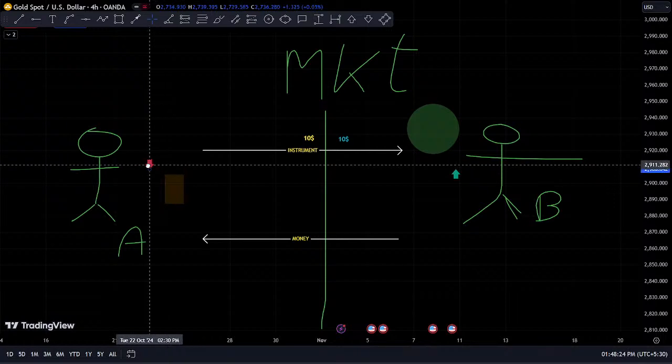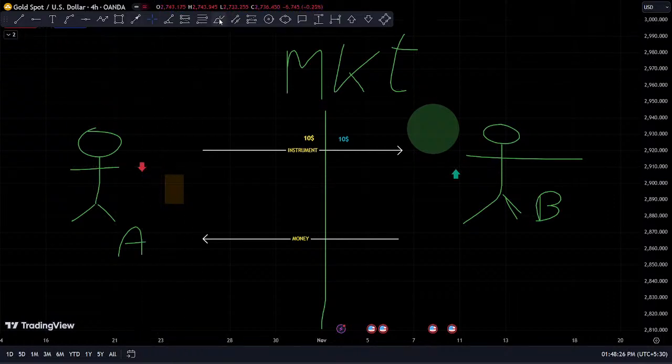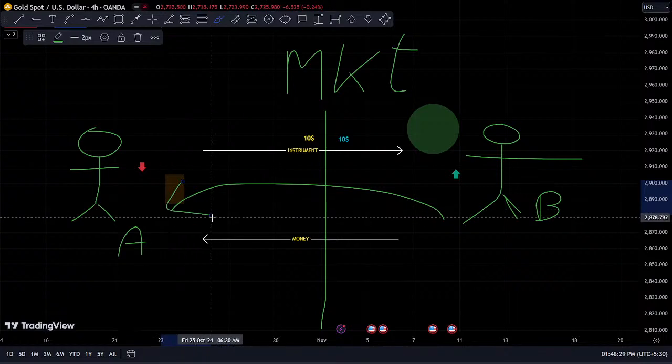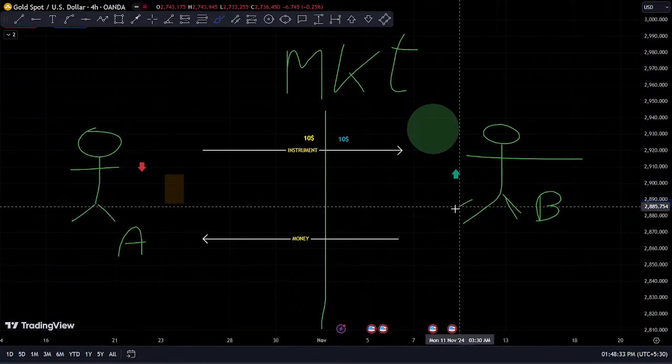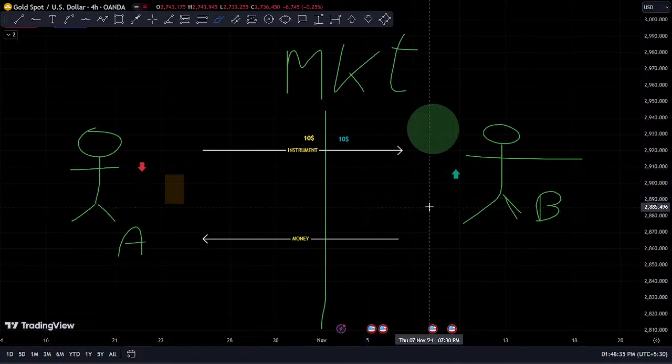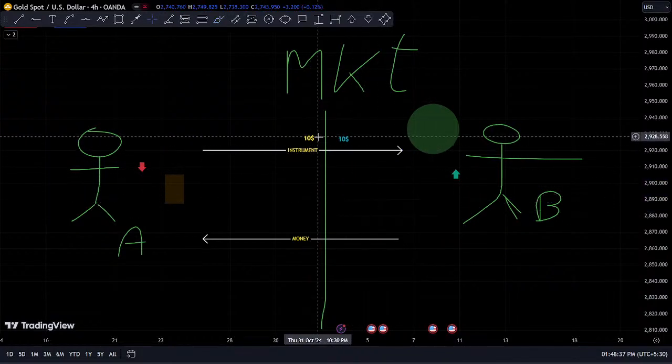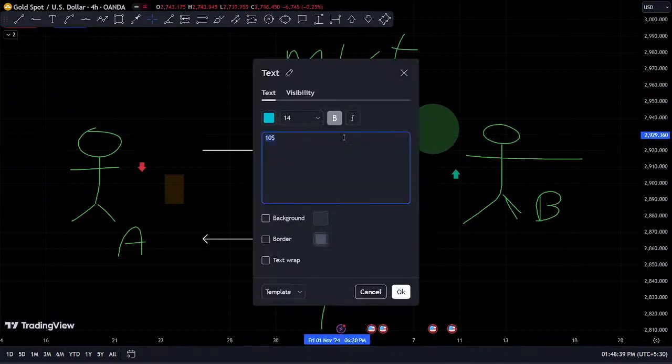Since we are sellers, we are going to ask for the money from this person, who is going to bid some money: okay, I'm going to buy this thing at $10. So let's imagine this person says to you, apart from $10, I'm going to buy it at $9.10.